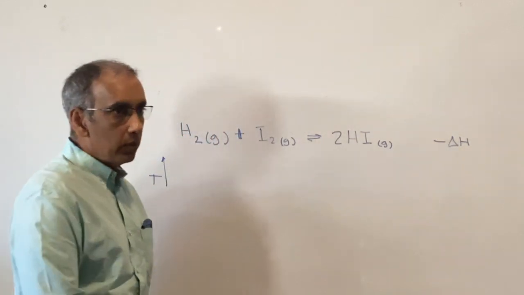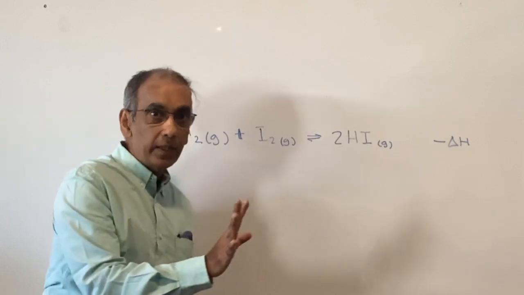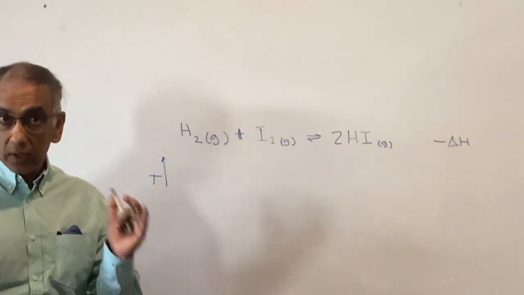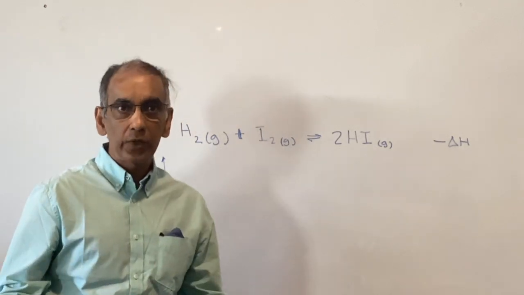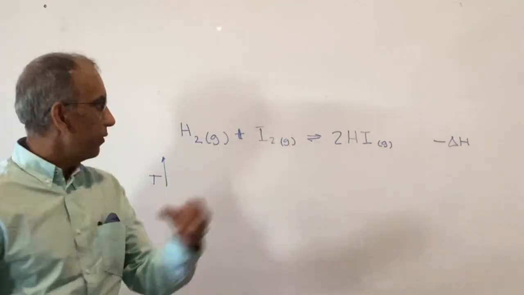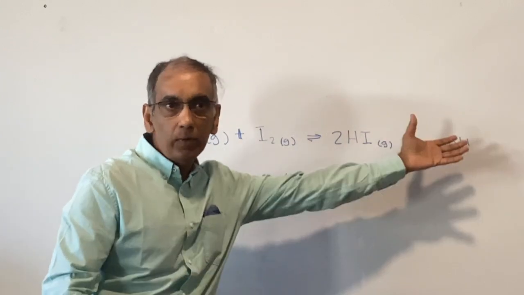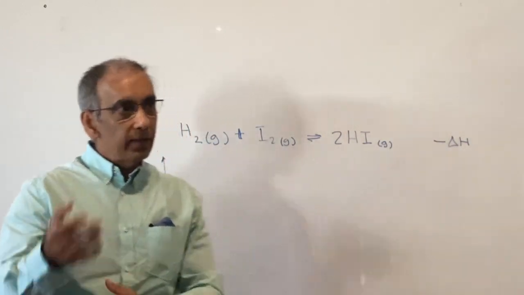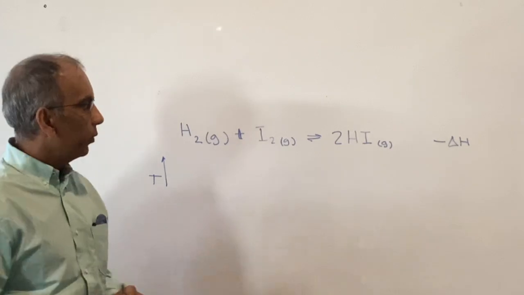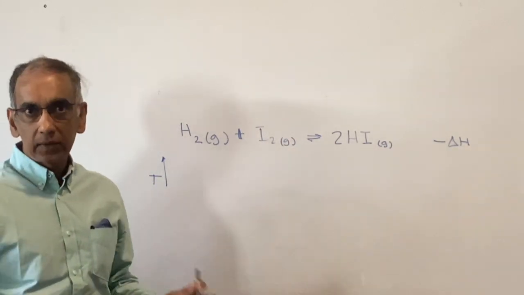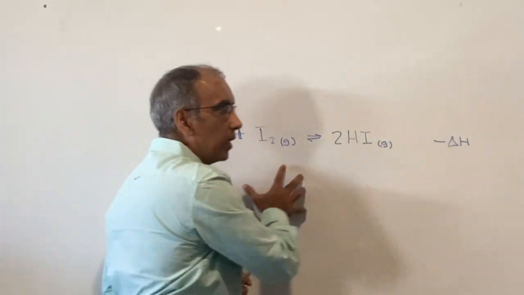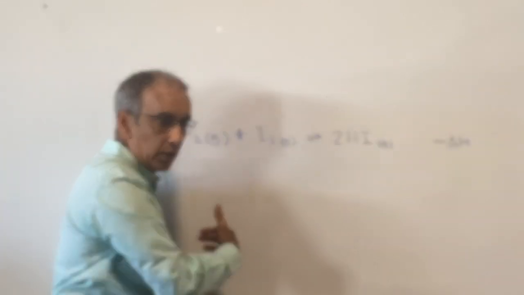It works really nicely with concentration. In fact, it's a well-established scientific concept with concentration: if you put more reacting particles, they will bump into each other more and go that way. But reasoning it out when you put heat on either side is sometimes difficult, and this just becomes something to help us get the question correct.